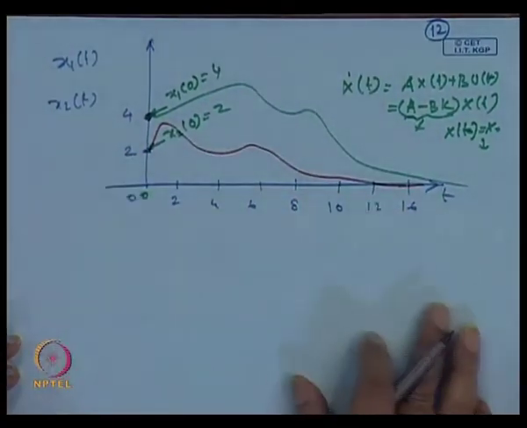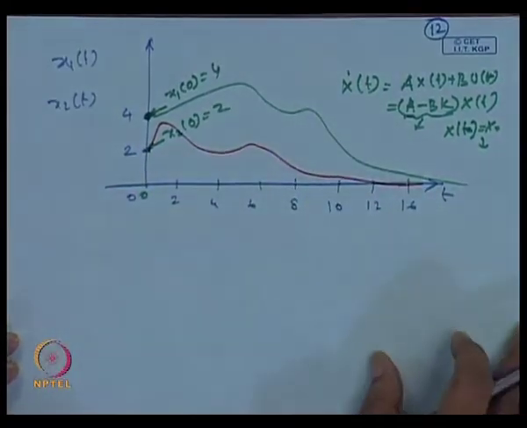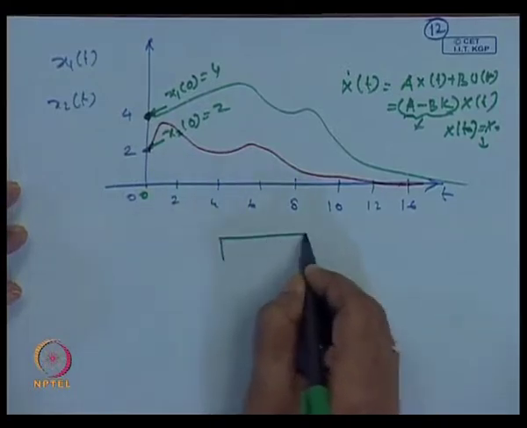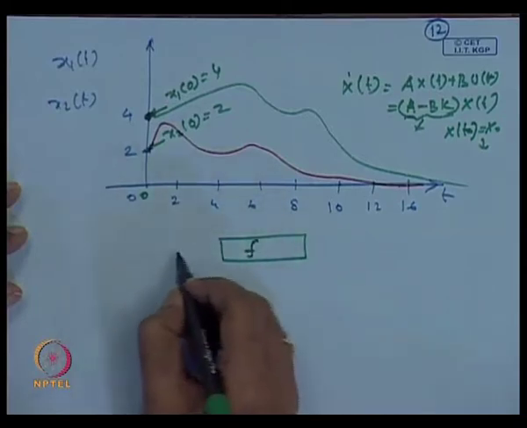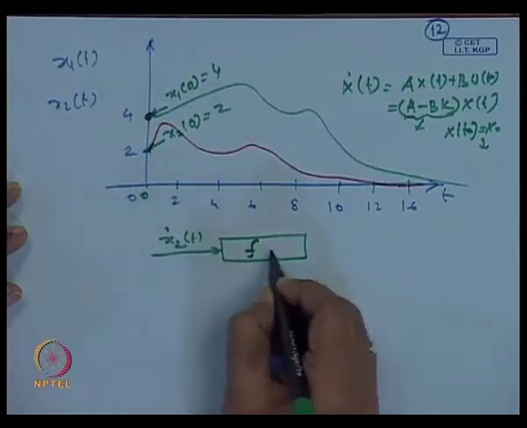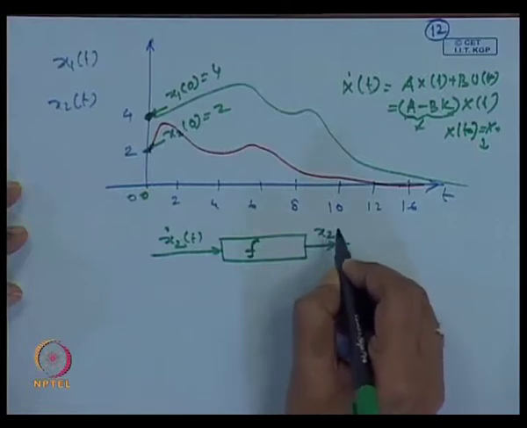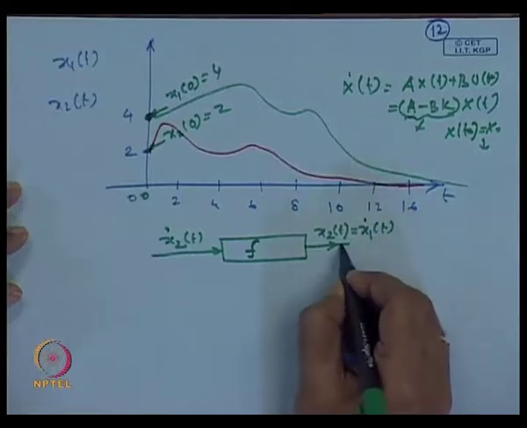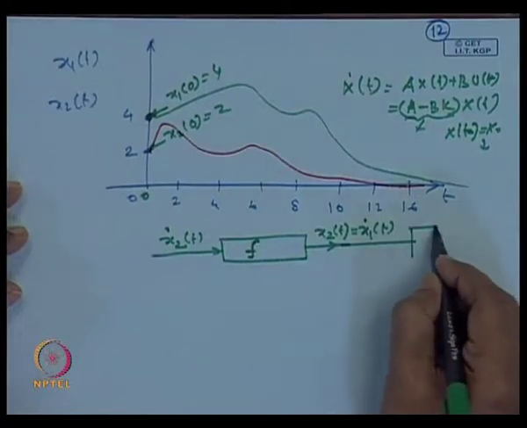Now, let us see how the closed loop control system looks in block diagram form. If you see our system, this is the integration, and this is our x 2 dot of t. The output of this integration is x 2 of t, which is nothing but x 1 dot of t as per the description of the system dynamics, and that goes to the integrator.